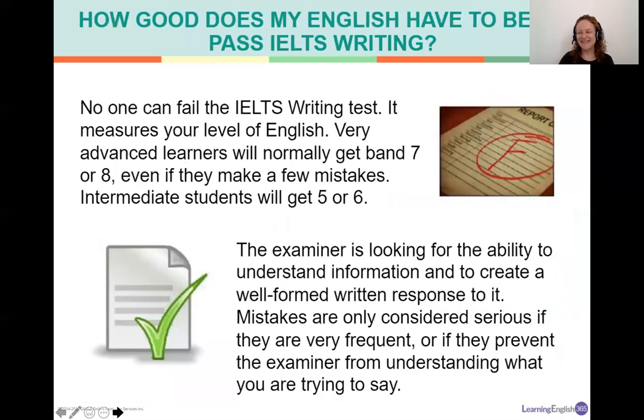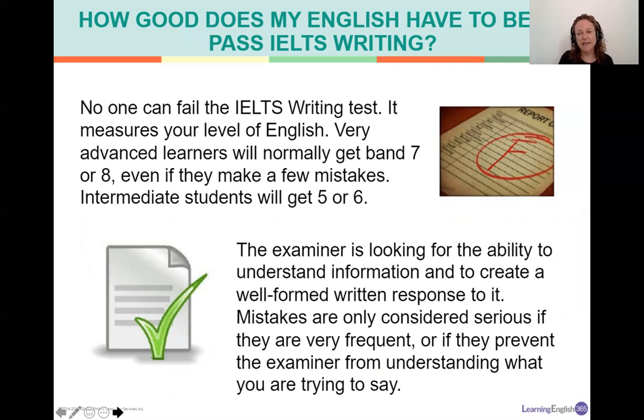So I suppose the $64 million question, isn't it? How good does your English have to be to pass? Well, as we know already, there is no pass or fail mark on the IELTS, any of the IELTS tests. Okay, the IELTS is about measuring your level of English.